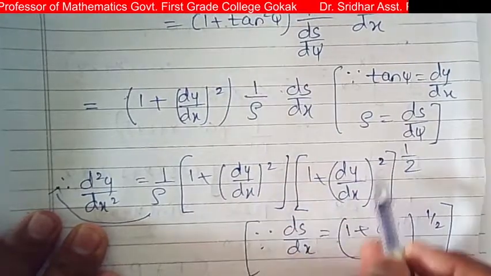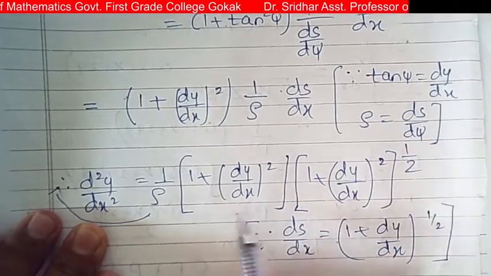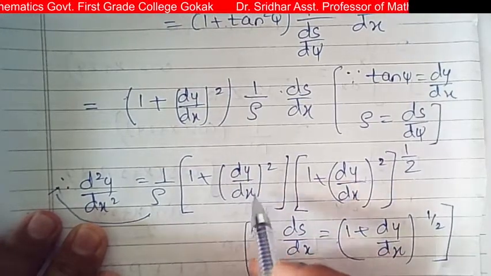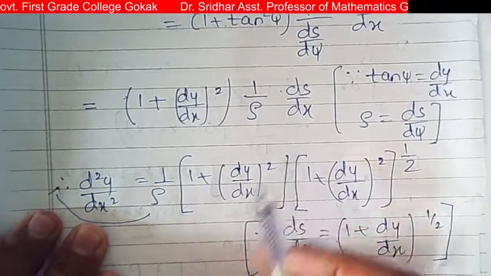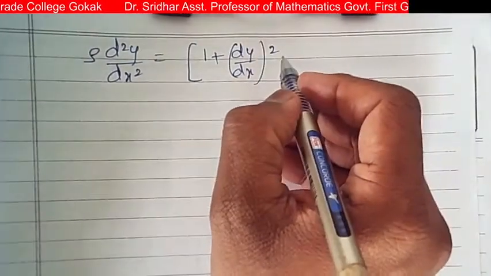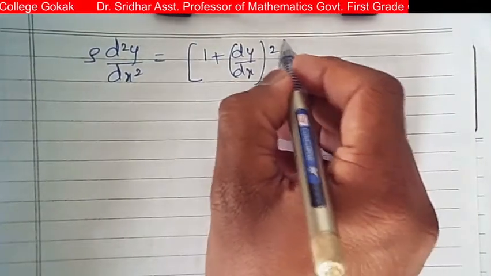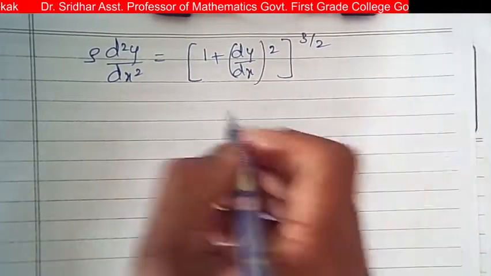So therefore, by using logarithmic properties, or laws of indices, (1 + dy/dx)² raised to 1/2 plus 1, that is 3/2. So this is equal to (1 + dy/dx)² raised to 3/2.